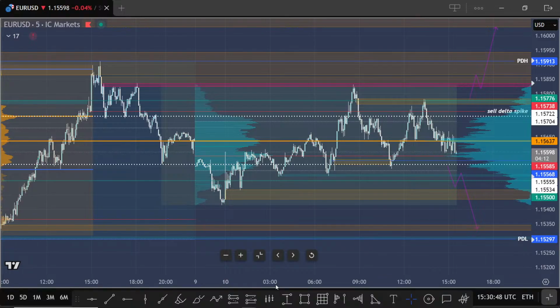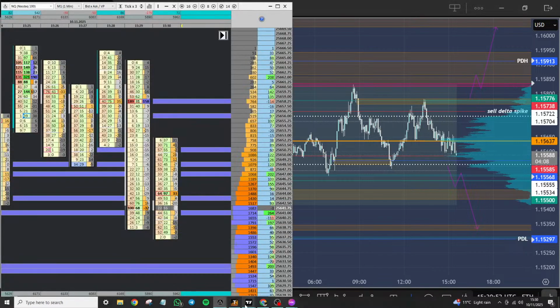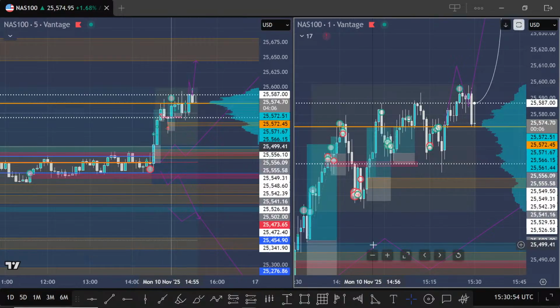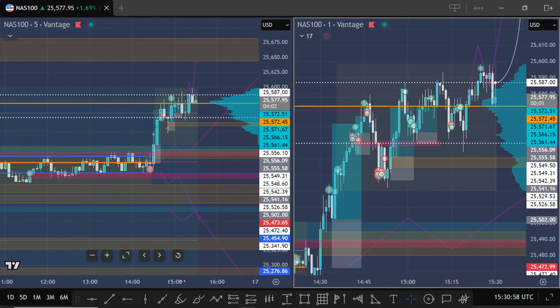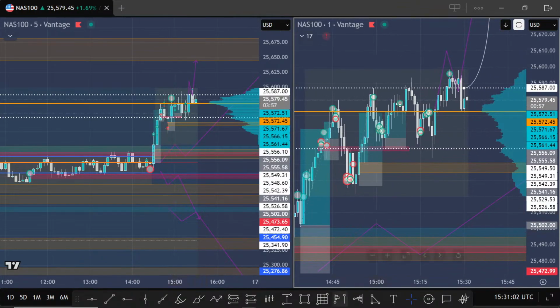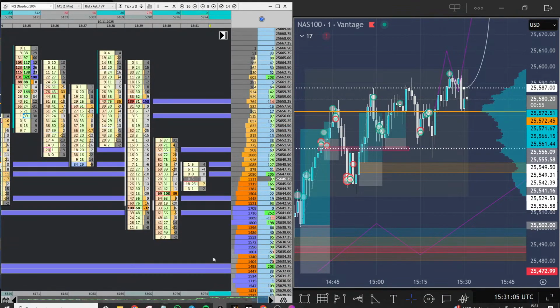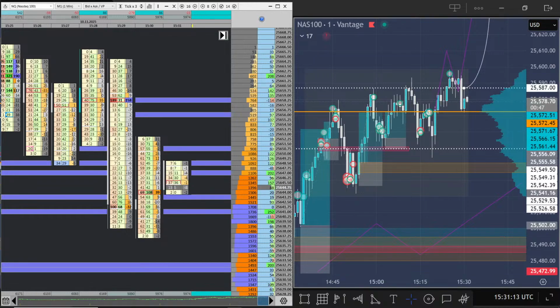Low volume node, but also back within the value area on this, for that range. Are we going to have absorption, or are we going to have... Because I'm guessing as soon as we break this, we're going to squeeze.